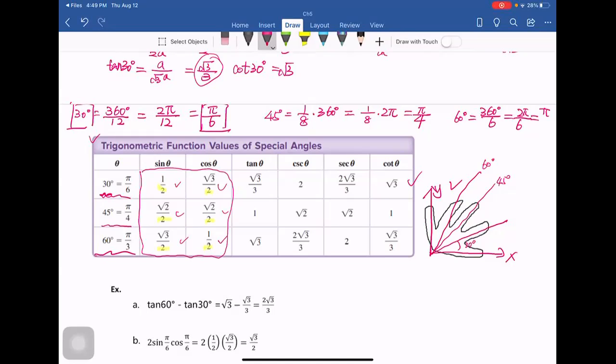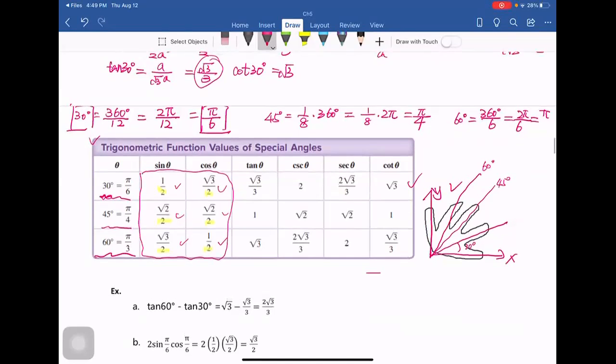The tops, we can write as square root of question mark over 2. All of them have the same denominator. What should I put on the top? One is sine 30, so this is 30 degrees. How many fingers below this line? I just have 1.